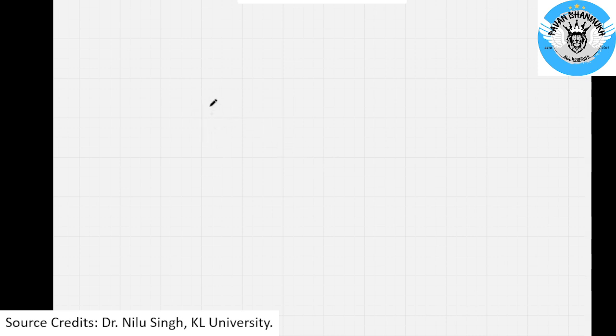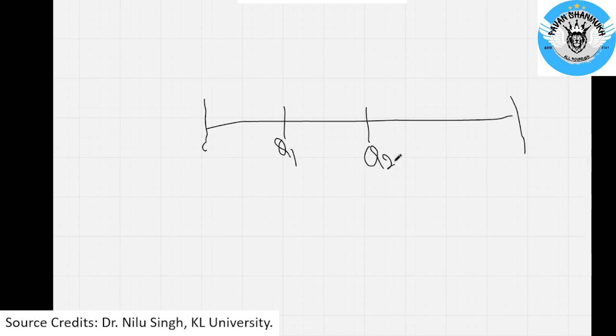So suppose we have data, say data in a line representation. What is the first quartile? It is the first 25th percent. This is termed the first quartile. And the second one is the 50th percentile, or half point of the data, which is the second quartile. And the 75th percentile is the third quartile. So there are three: Q1, Q2, Q3.